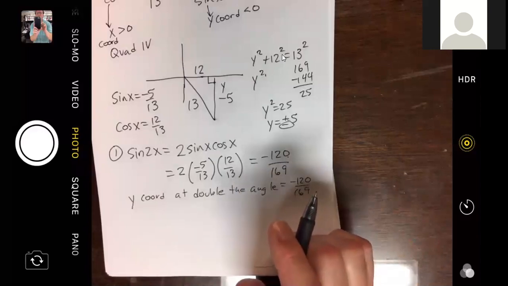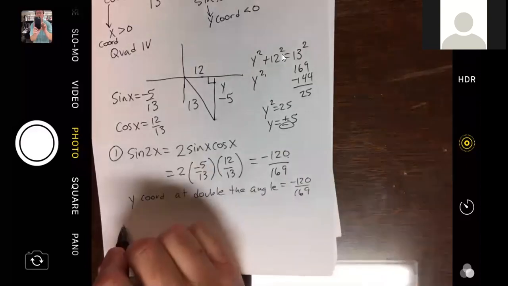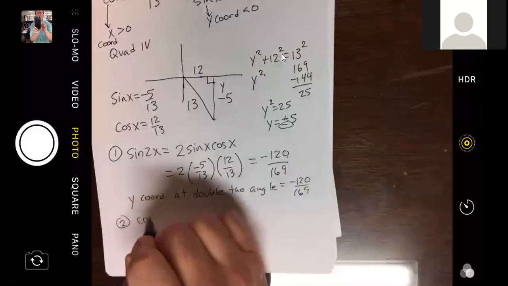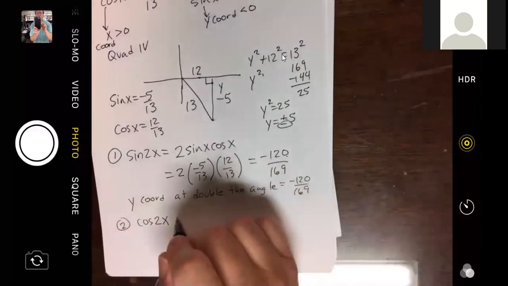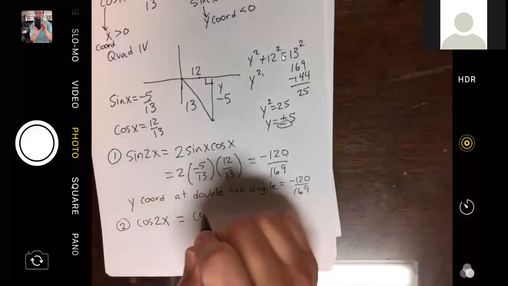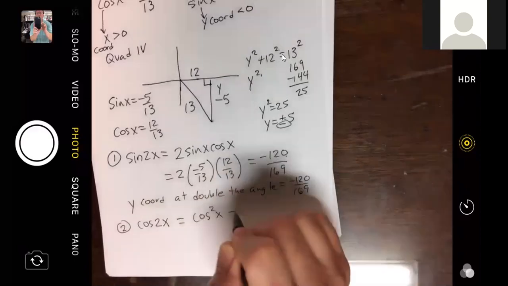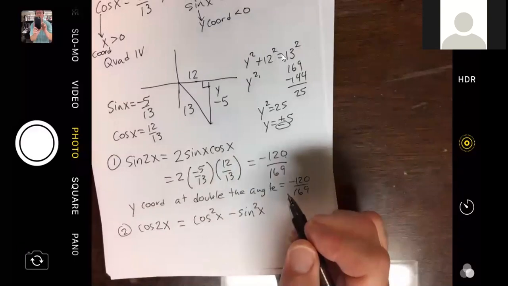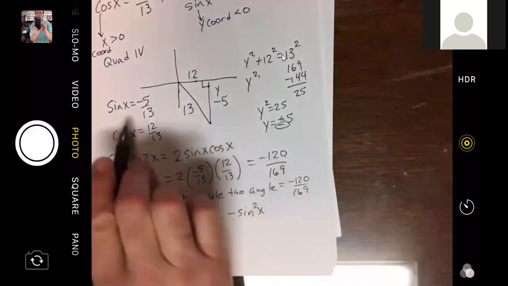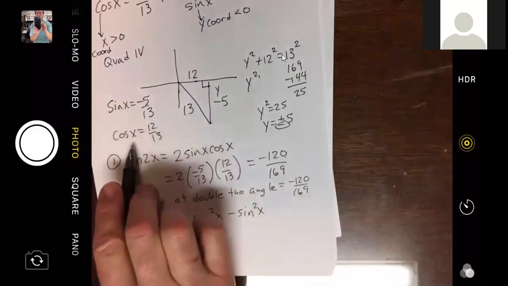Are you ready for the cosine? Okay. There are 3 versions of that formula. I'll just use the first one, cosine squared of x minus the sine squared of x. Again, you're plugging in the same sine and the same cosine.